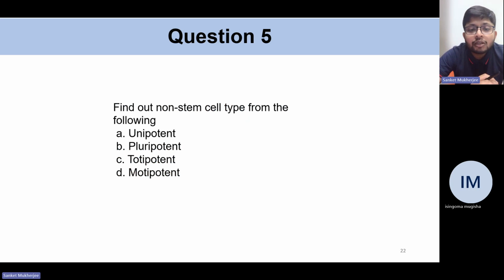Find out the non-stem cell type from the following. Is it A, unipotent, B, pluripotent, C, totipotent, or D, multipotent? I'll give you a minute to think about it and then we'll discuss the answer.